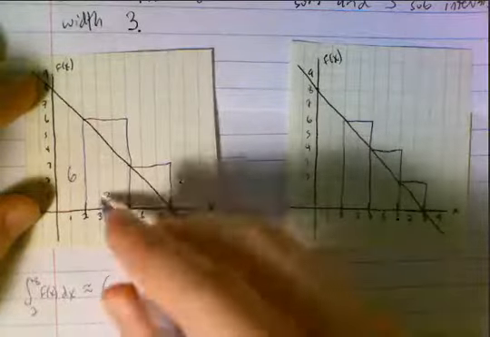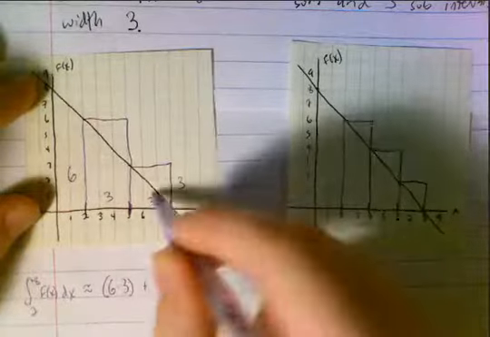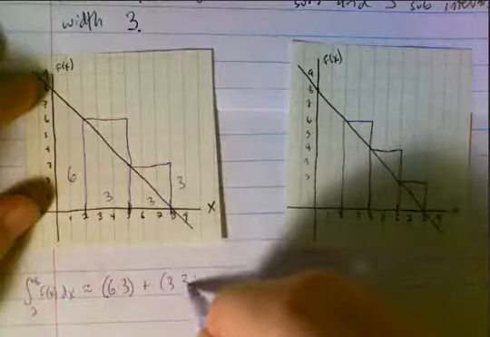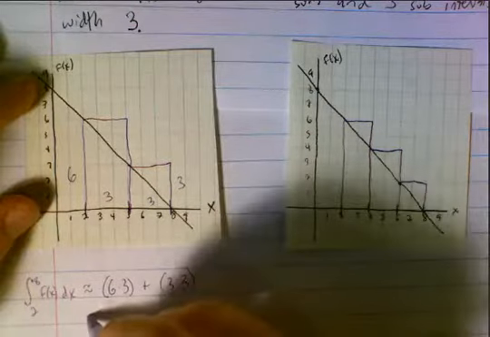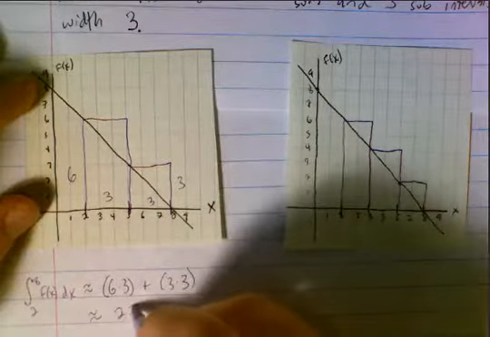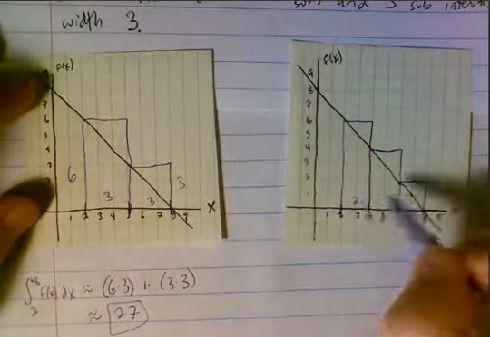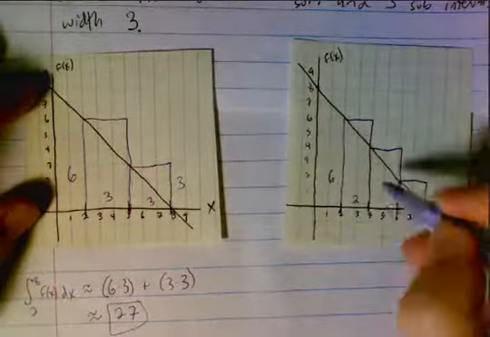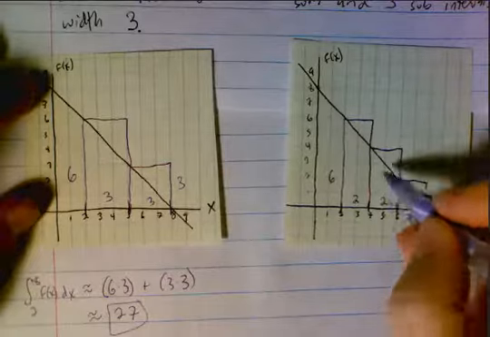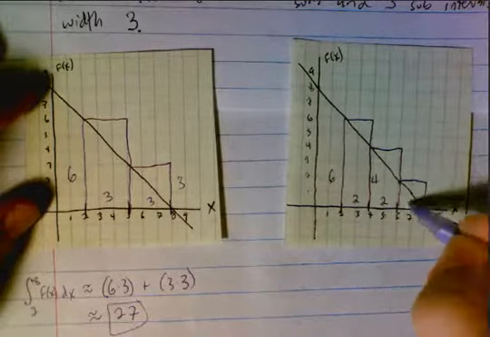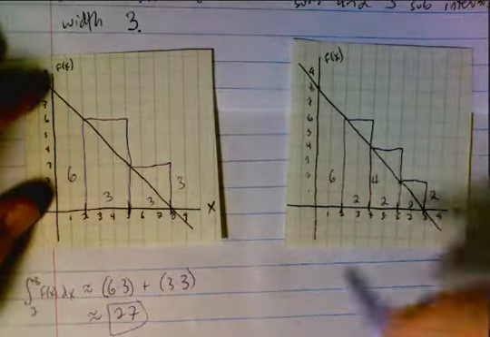So the area of this first one is 6 times 3. The area of the second one, 3 times 3. Or 27. Here we've got a width of 2, a height of 6, a width of 2, a height of 4, a width of 2, a height of 2.